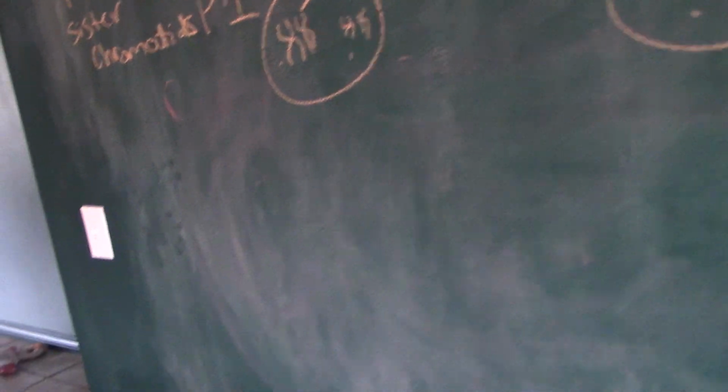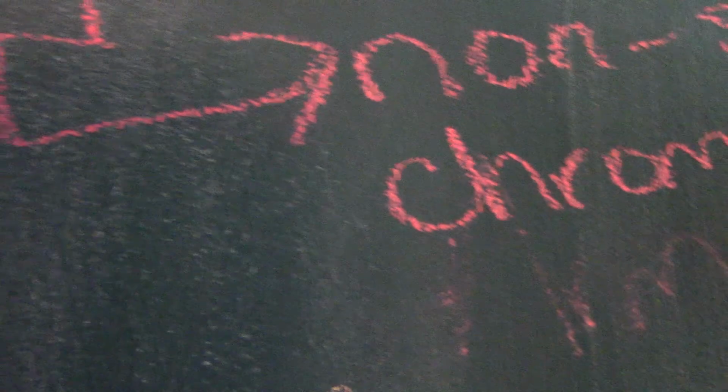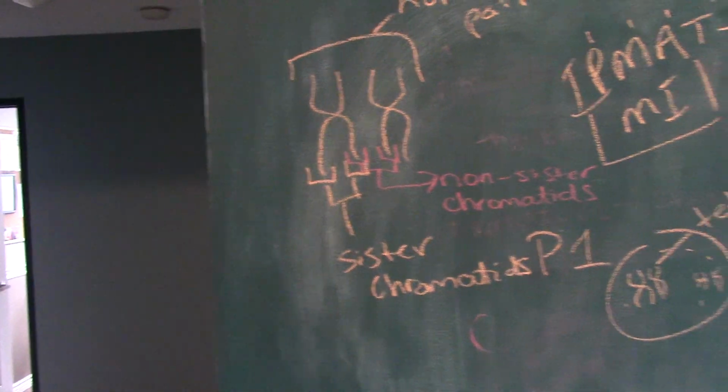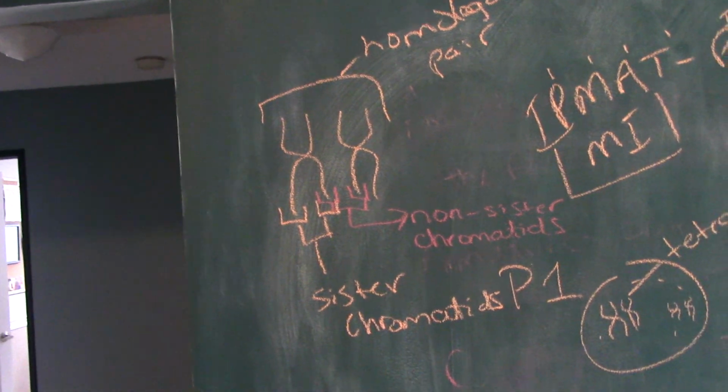But you also have chromatids across the homologous pair. So you actually have sets of what we call non-sister chromatids, where the chromatids of each separate homolog are also associated.